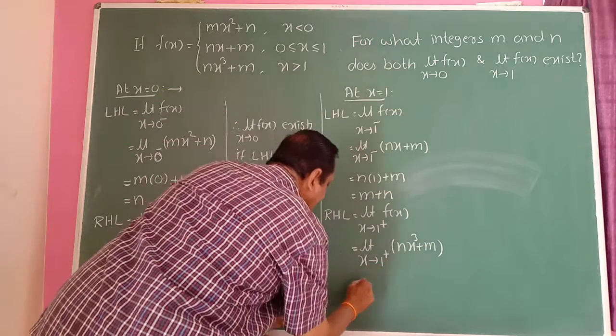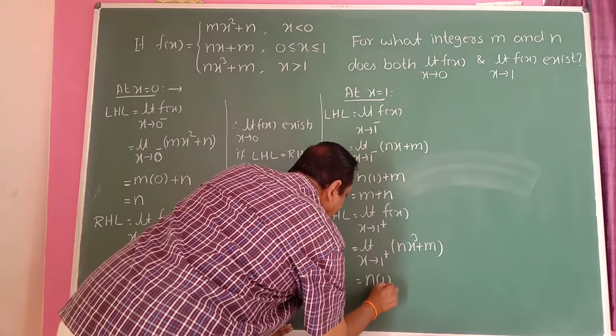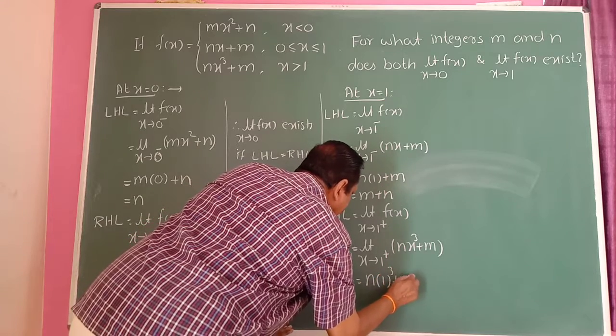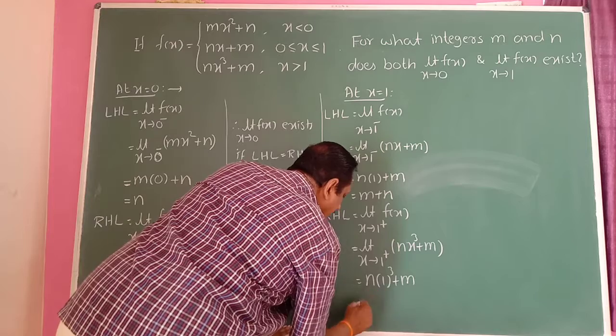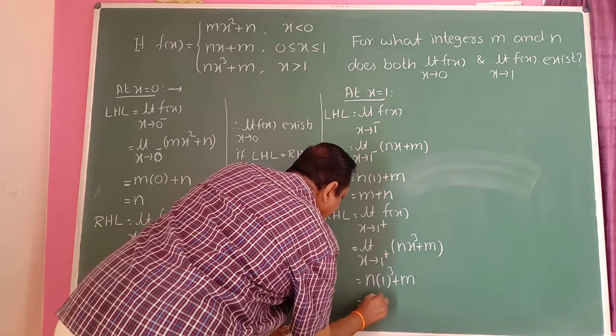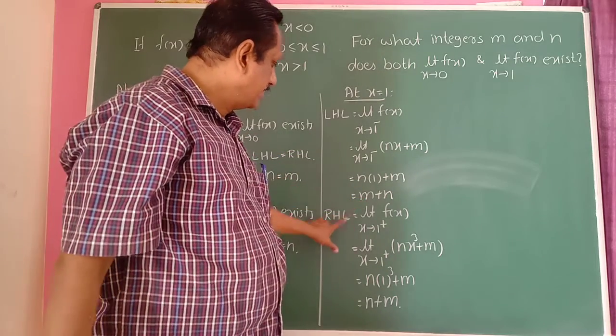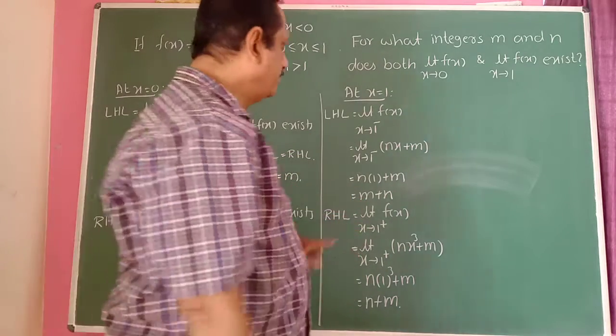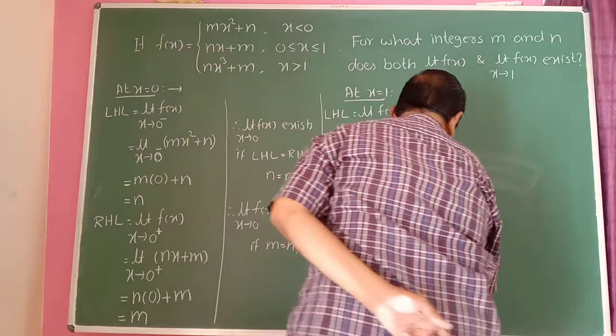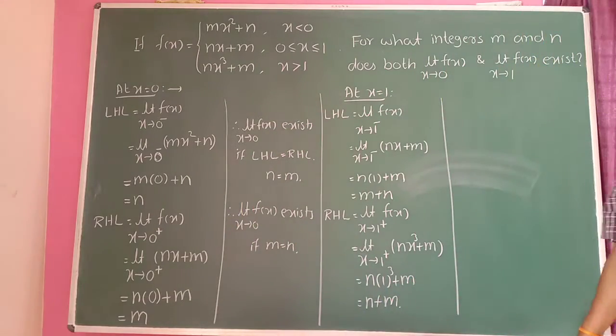Put x value 1 here. So n into 1 cube plus m. 1 cube into n becomes n. Therefore n plus m here. Therefore LHL is m plus n, RHL is m plus n. Therefore the limit exists for all values of n and m here.